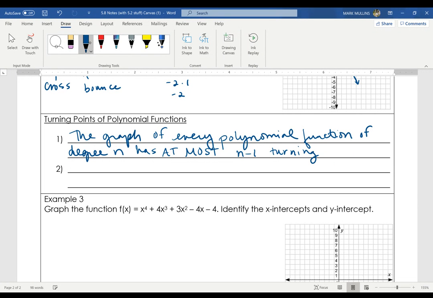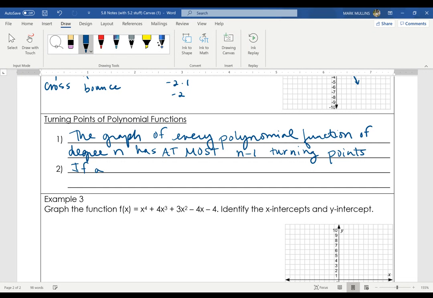Remember, we started out with linear graphs. Linear graphs we knew had no turning points at all, so that was degree 1, had 0 turning points. We knew that quadratics, which is degree 2, had only 1 turning point. So we kind of built everything off what we already knew.